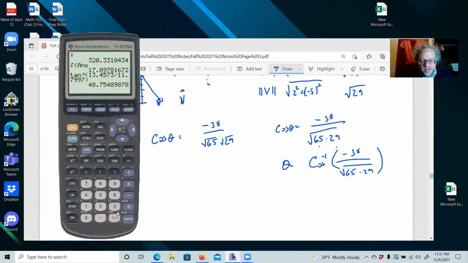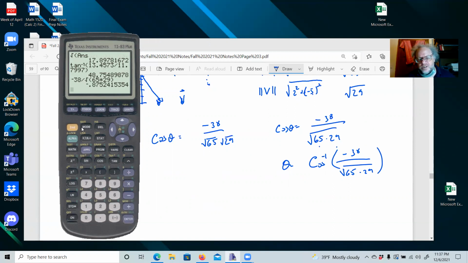So we have -38 divided by the square root of 65 times 29. And I think we'll be okay with that.